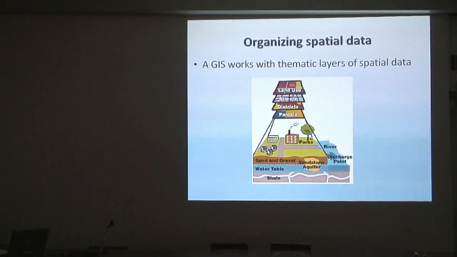Layers usually contain similar attributes like layer of streets, layer of districts, layer of rivers, layer of lakes, for example. The crucial thing is one kind of attribute is one layer.